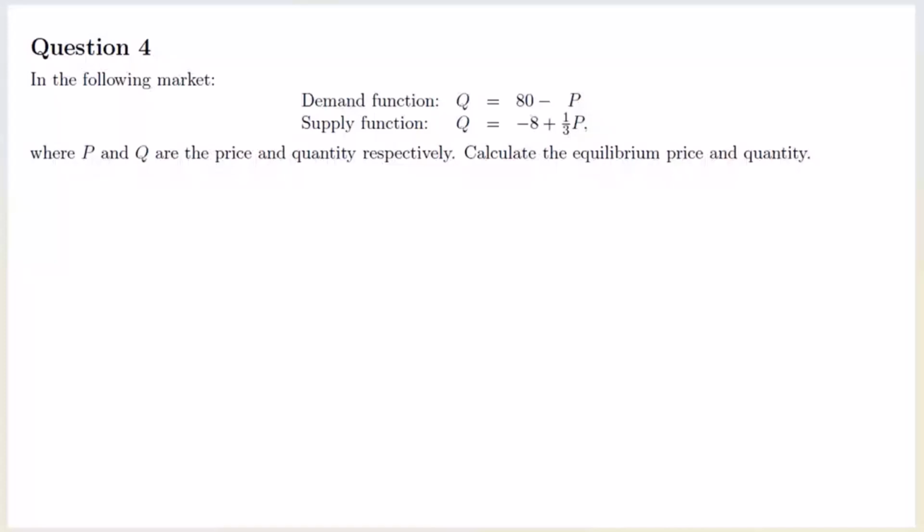So the answer here is 0 is equal to 80 plus 8, which is 88, and then minus P minus 1 over 3P. I'm just rewriting this: 0 is going to be 88, and this is 1 minus 1 over 3.